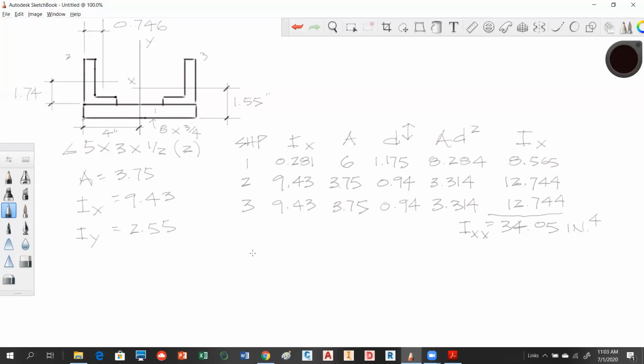So let's look at the Y rather. We have Y, area, D, AD squared, by Y. Shape 1. So now we're looking at this shape, base times the height cubed divided by 12. So 8 cubed times 3/4 divided by 12 gives us 32.